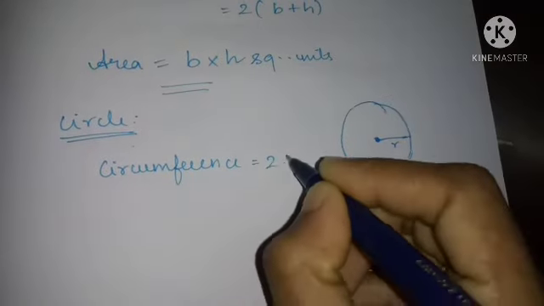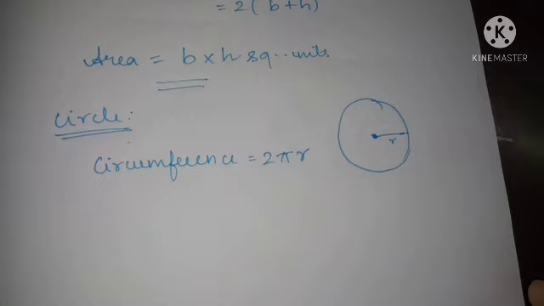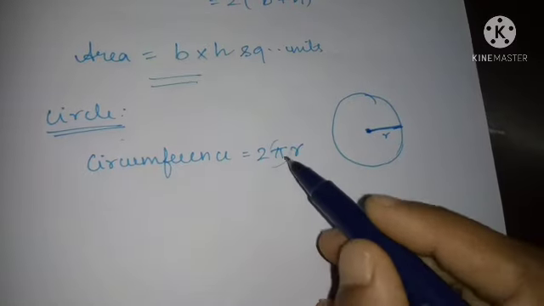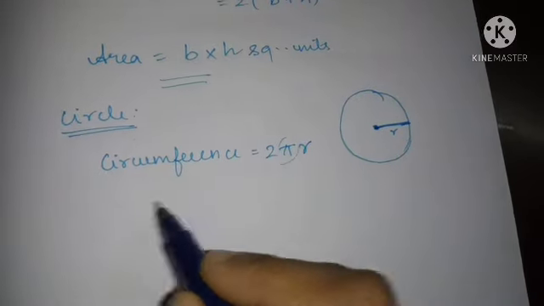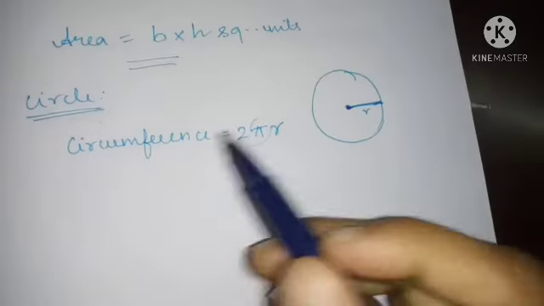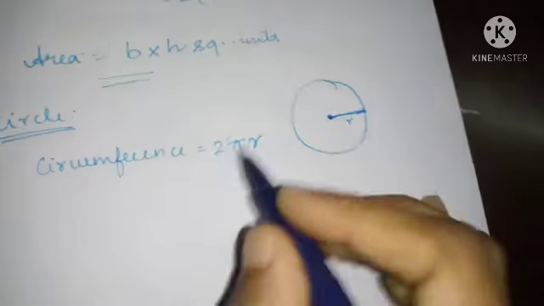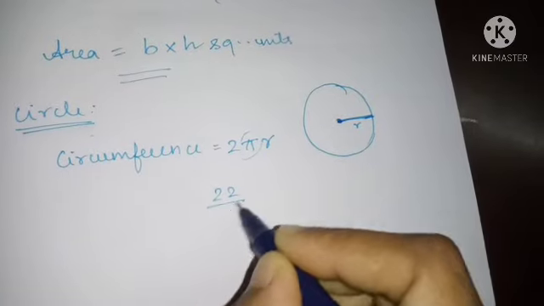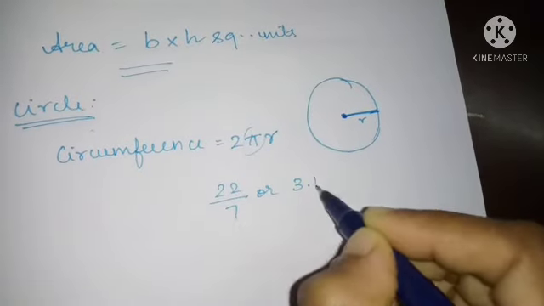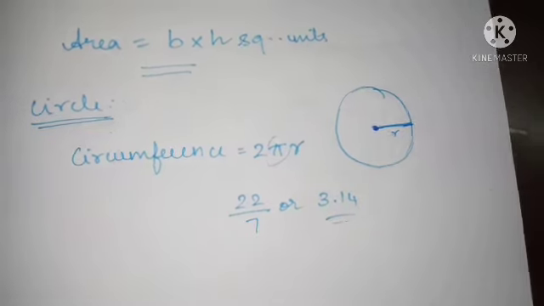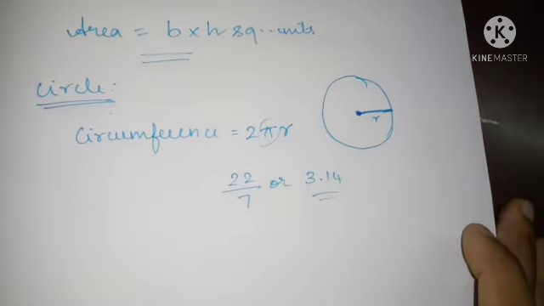Circumference is nothing but 2 pi r. Pi is nothing but circumference divided by diameter, which is 22 by 7 or 3.14. It is an irrational number.